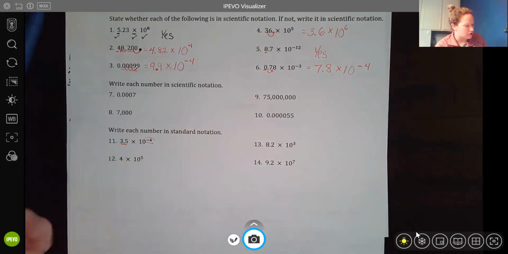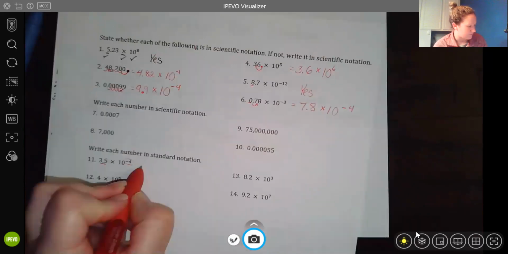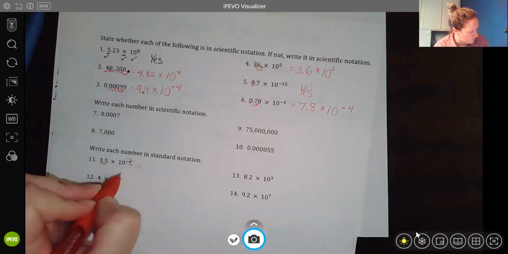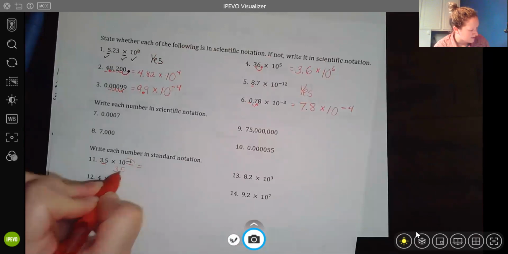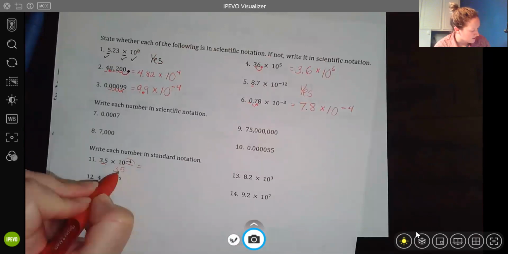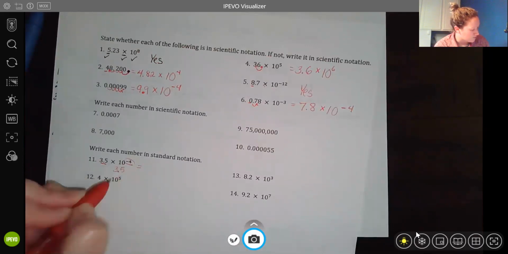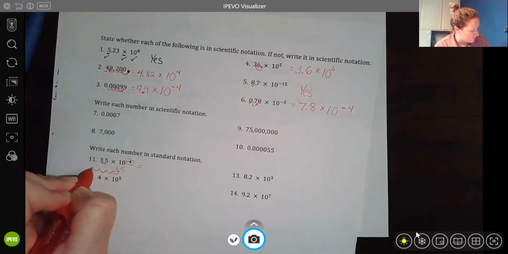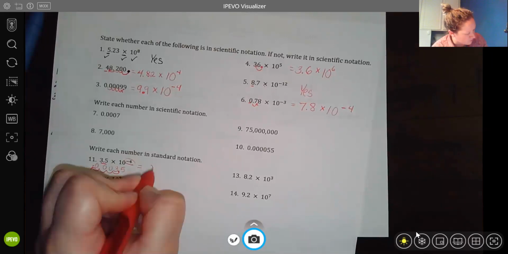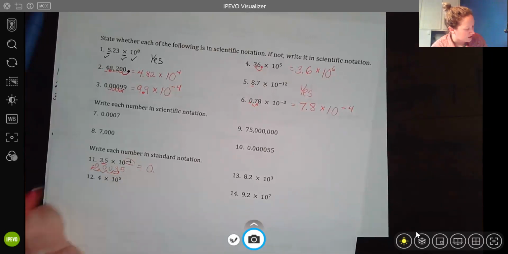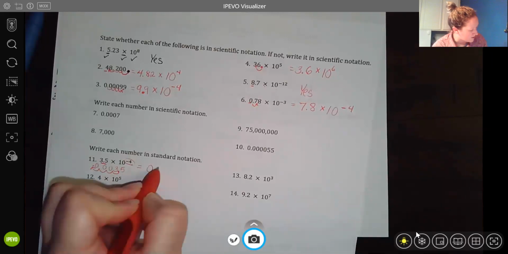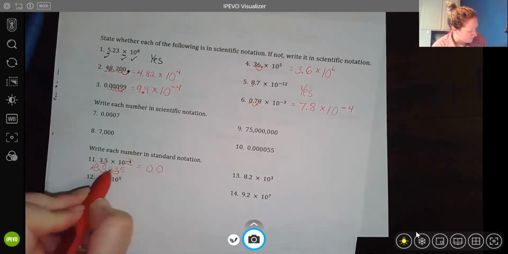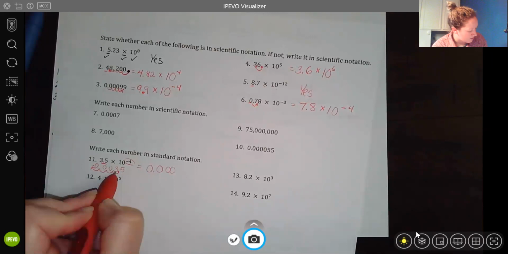It's telling me to do that 4 times. So if I have 3 and 5/10, and I need to move it 4 times to make this a small number, less than 1, I'm going to move 1, 2, 3, 4, and then I just fill in zeros. So this number in standard notation is 0.000335.